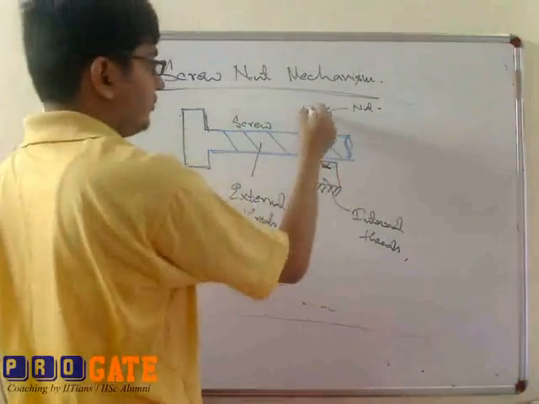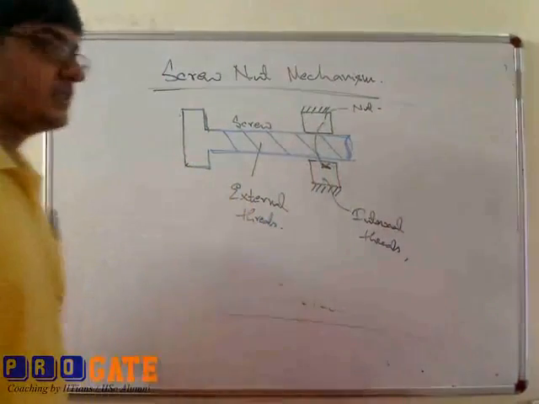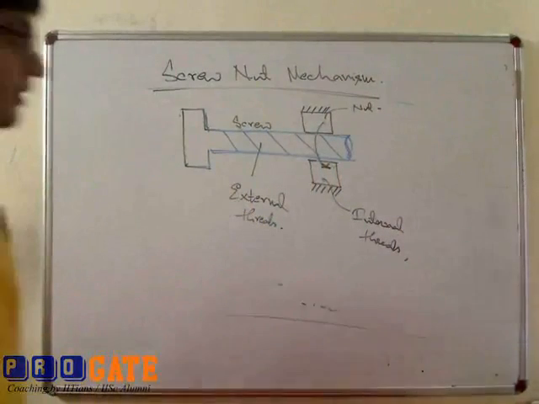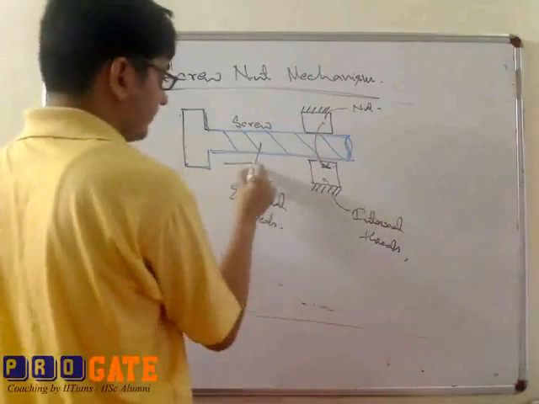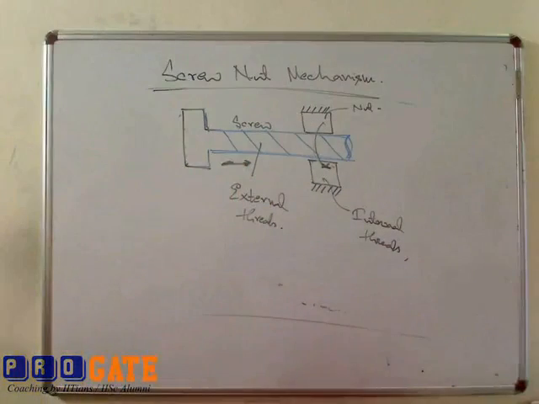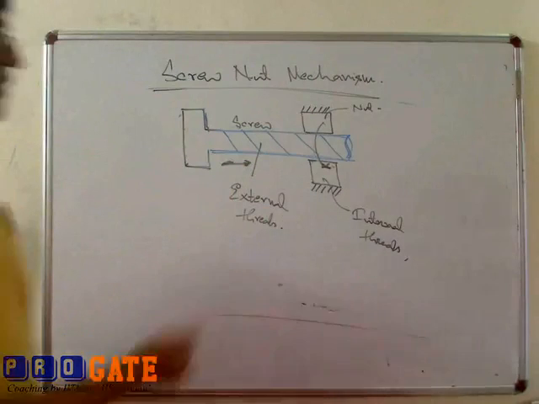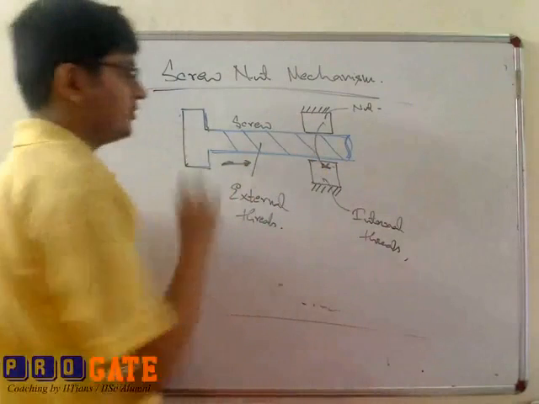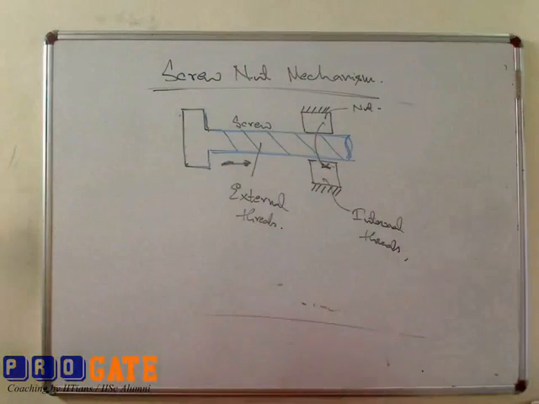Now when you fix the translational motion of this nut, this becomes a mechanism. Now if you rotate this nut, this screw will move. So this is the kinematic mechanism. The rotational motion of the nut is converted into the translational motion of the screw.